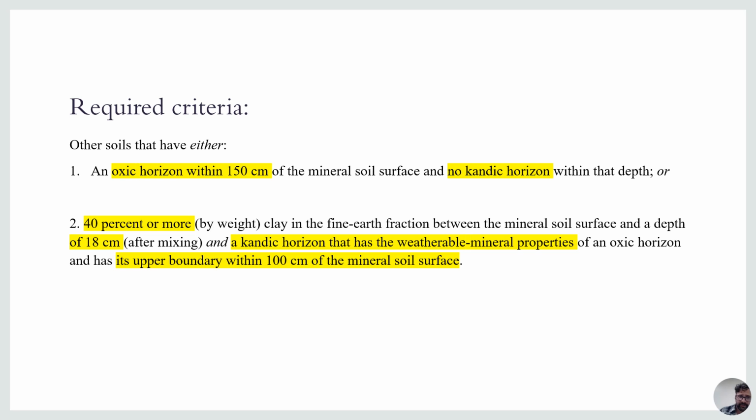The oxic horizon, you should remember, is the horizon that possesses low activity clay, because this specific horizon expresses a residual concentration of aluminum and iron oxides. Okay, so we need to present a low CEC according to the clay content. And the clay content between the overlying horizons and the oxic horizon should be similar.